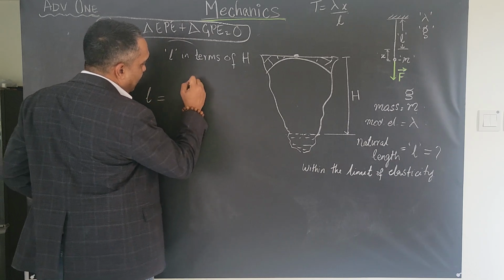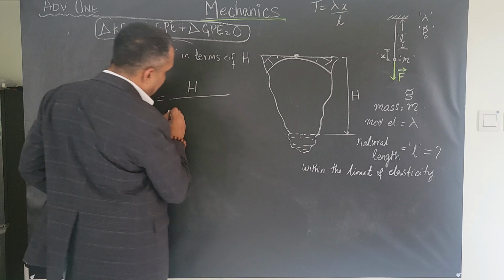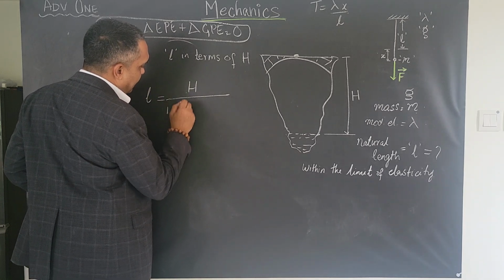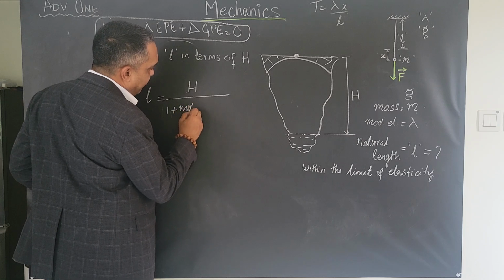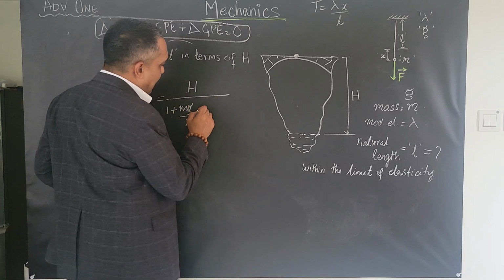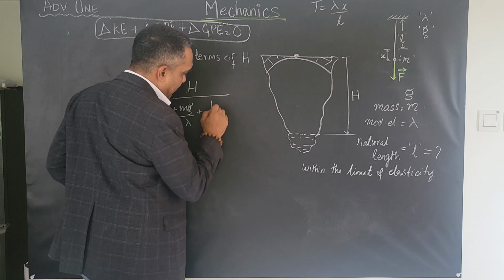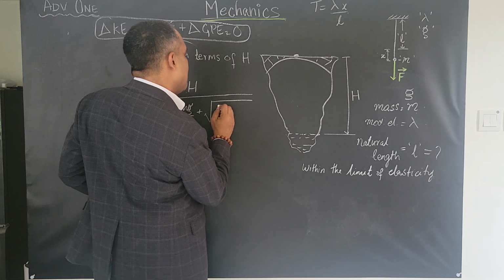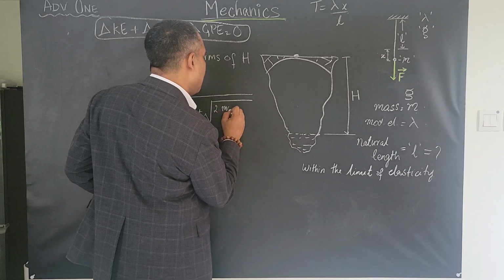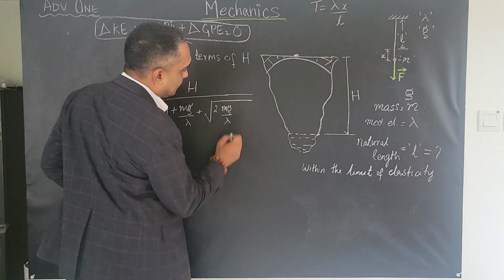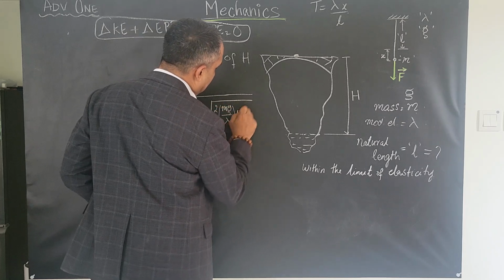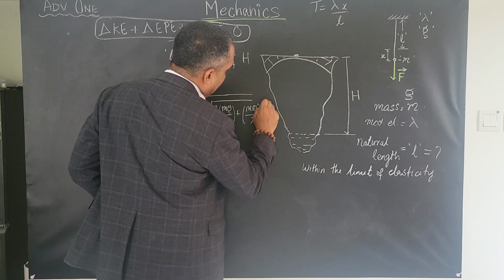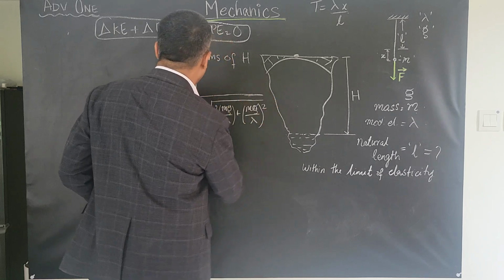Your L should roughly be equal to H divided by something to the tune of 1 plus, I would think the force is mg, so it's mg over lambda. And I think you should see, because you're doing kinetic energy, which has a square of velocity, which you will normalize, you should see 2. And I think the force here would again be mg over lambda plus, and I think your result should be very close to this.